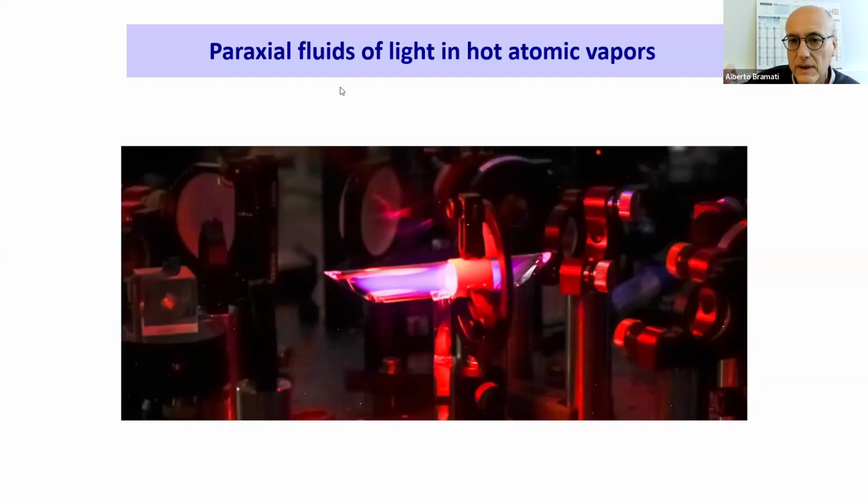The phase of the fluid can be controlled easily because we can imprint the phase via the laser. We control the phase of the laser using a spatial light modulator, we pump the cavity with this laser, and we control in this way the phase of the fluid, and then the speed.